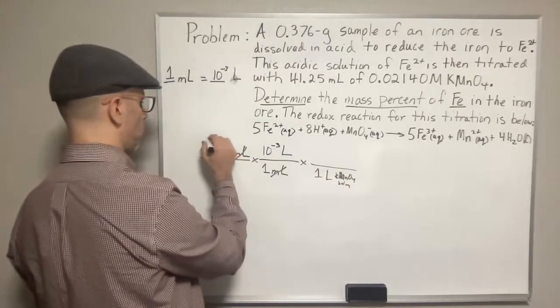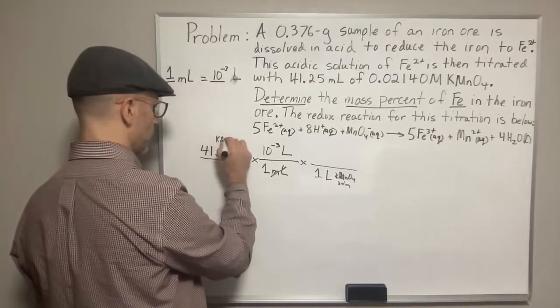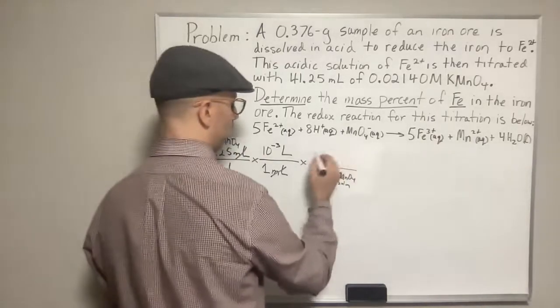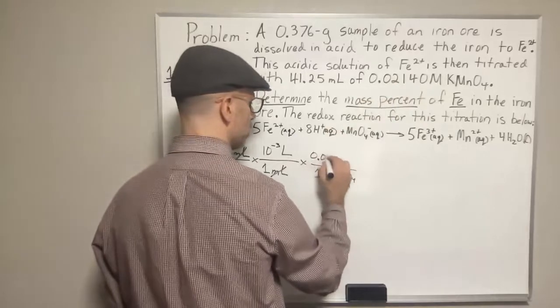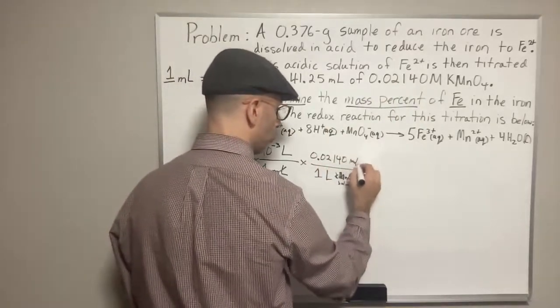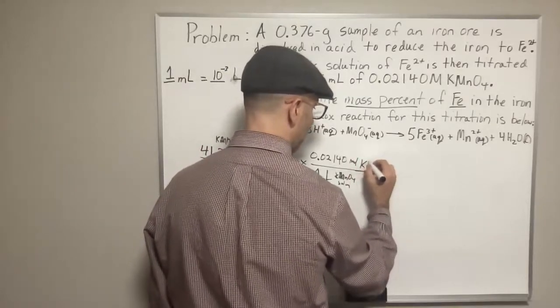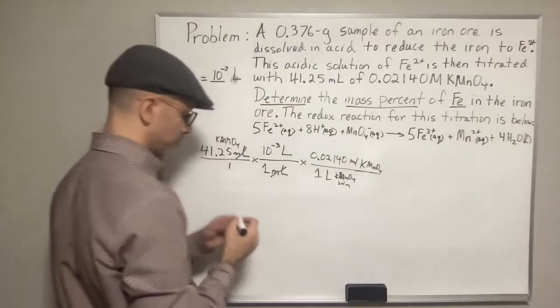And this is your milliliters of your KMnO4 solution. And then we have the number of moles on top. So 0.02140 moles of KMnO4.